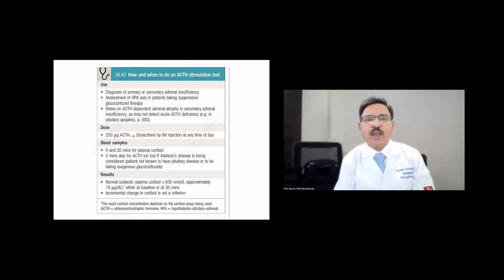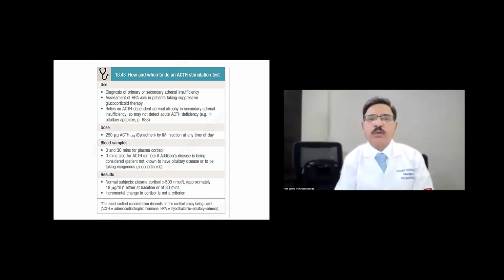Take a blood sample at 0 and another blood sample at 30 minutes. 2 samples. Now you know the basal level of cortisol, and after giving ACTH, what happened you would like to see. At 0 minutes, also measure ACTH on ice if Addison's disease is being considered, in a patient not known to have pituitary disease or to be taking exogenous corticosteroid.